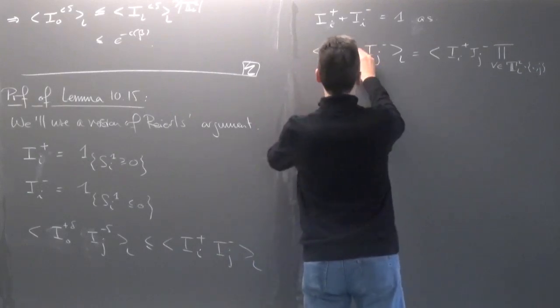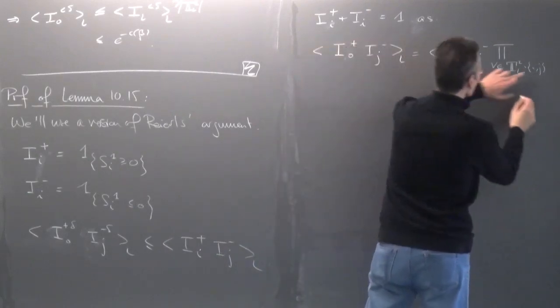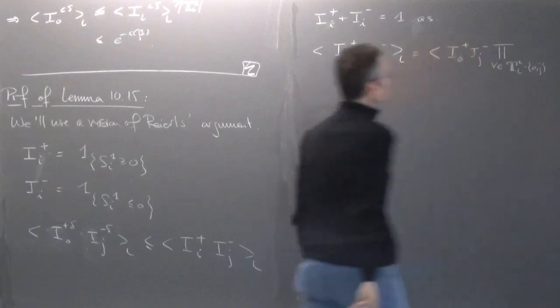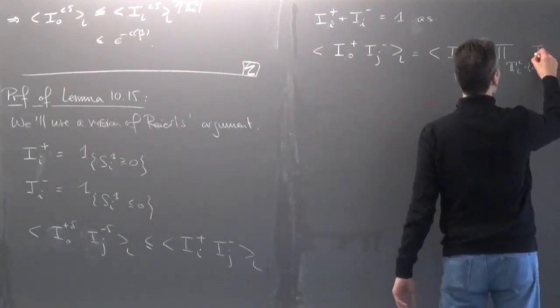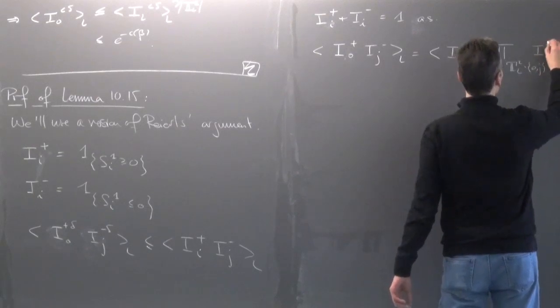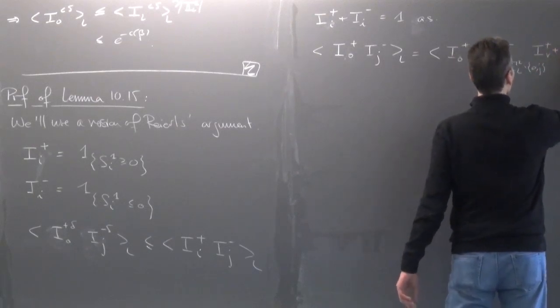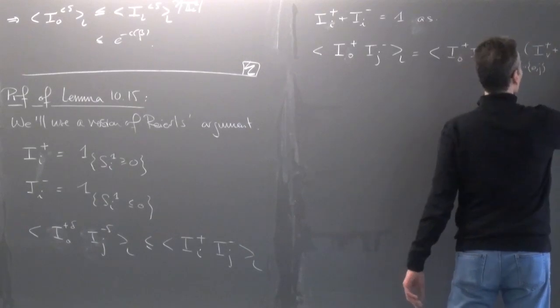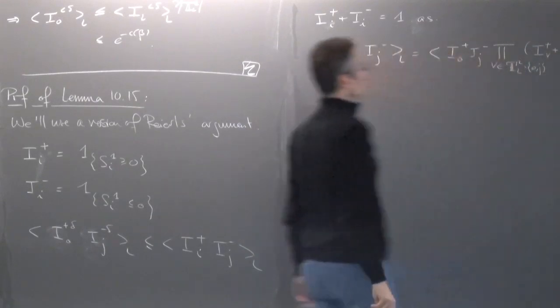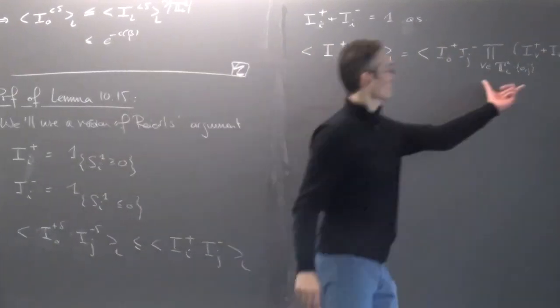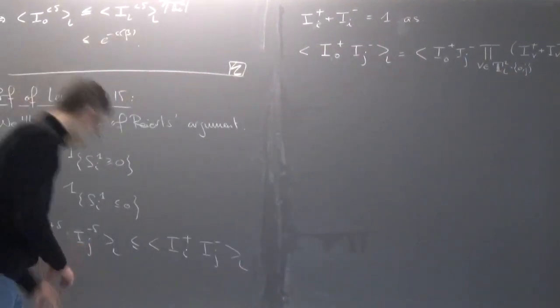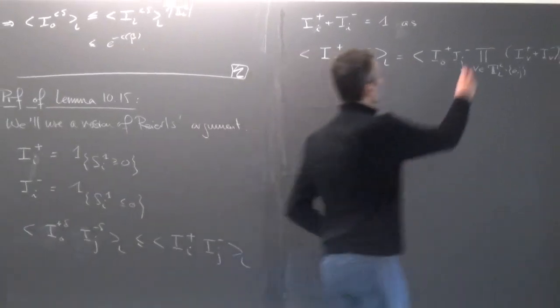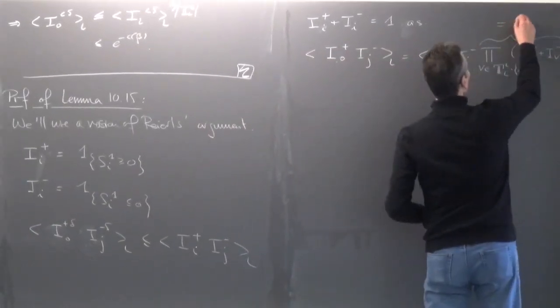I should be consistent in my notation, so different from 0 and j, of I plus V plus I minus V, expected value. Okay, I have just introduced something which is equal to 1 almost surely.